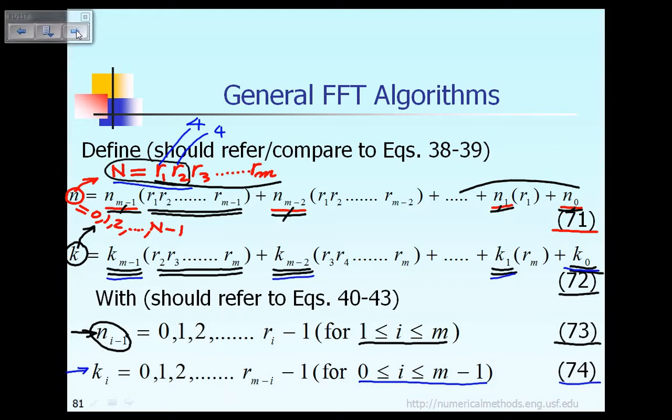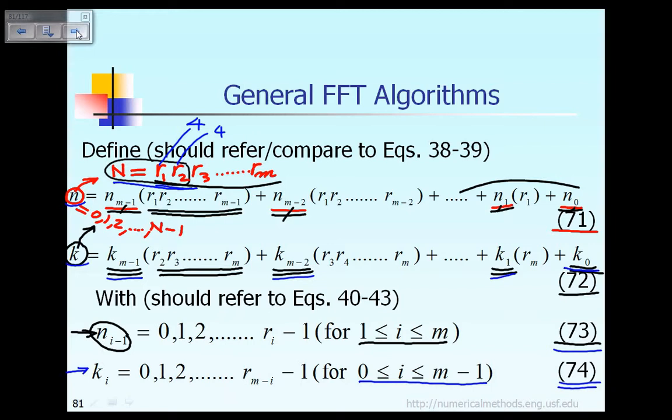For those two chapters, the formulas we have for n and k are very similar to equations 71 and 72, except they are shorter. Similarly, for those two chapters, we have equations similar to equations 73 and 74, as in this more general case.